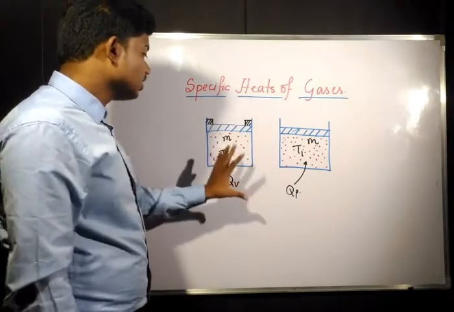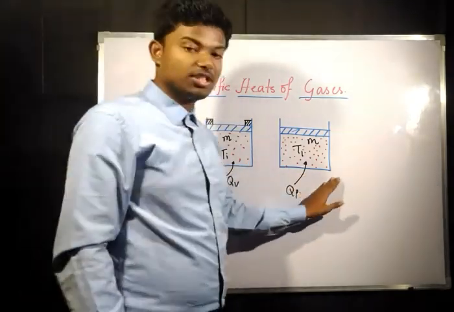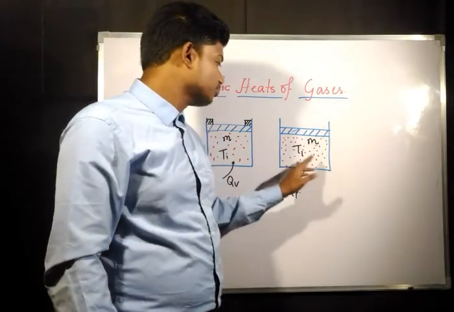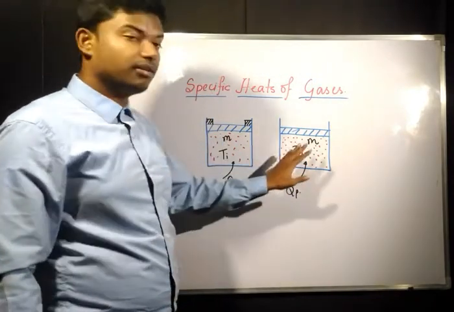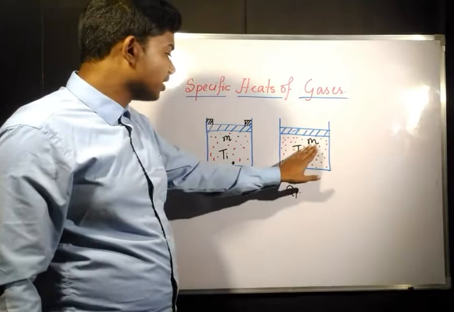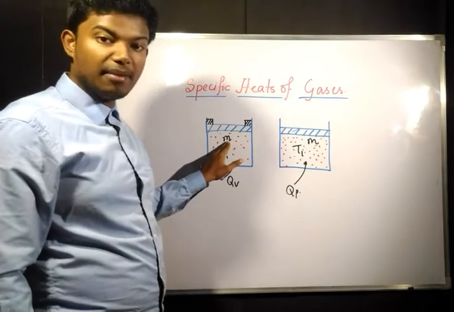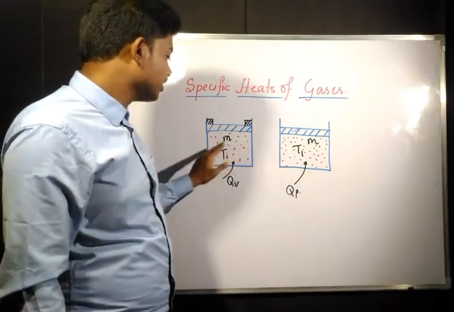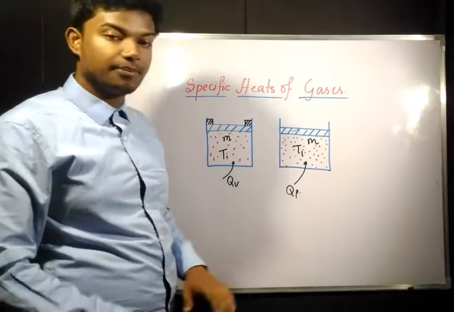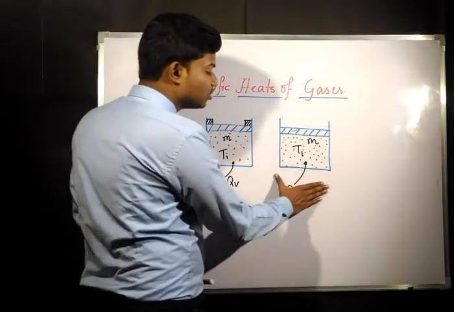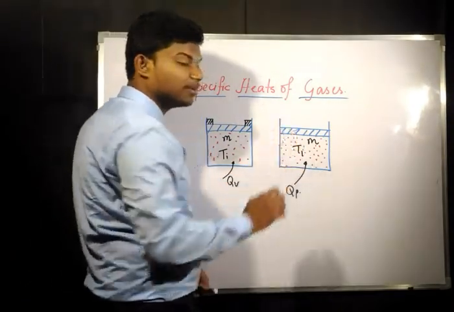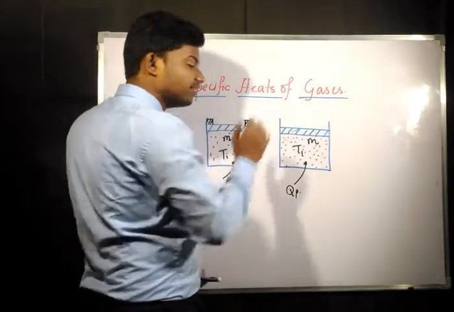And in this case it is constant pressure. Suppose both these systems have m mass of air, and both have the same initial temperature Ti. In constant pressure, after reaching the same temperature Ti, the piston is rising here.